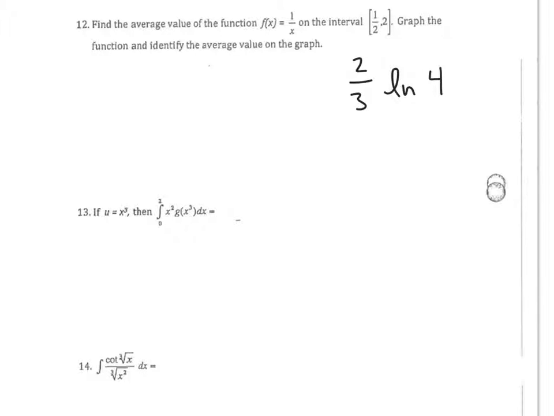13. What you're trying to do, this is weird. Not everything's written out here properly, but you're trying to integrate some function. You don't know what the function is. Okay, so you're trying to integrate this function here.